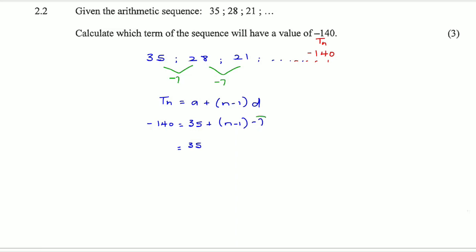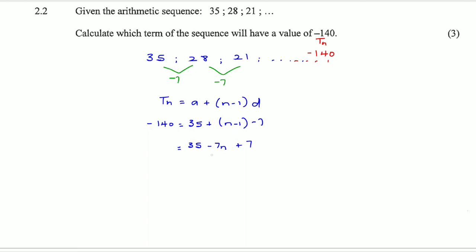Now we'll distribute minus 7 over the terms in the bracket. So minus 7 times n and minus 7 times minus 1. Minus 7 times n is minus 7n, and minus 7 times minus 1 is plus 7.